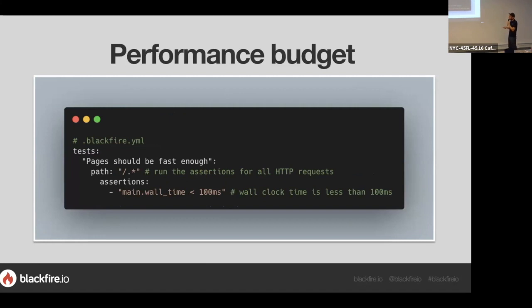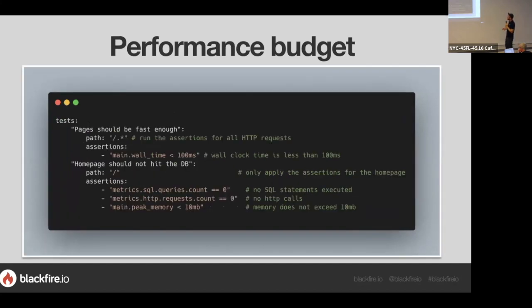Okay, you put that in a .blackfire.yaml file at the root of your repository, and then when we profile your page, we will read that file and make assertions based on your performance budgets. And here we can do other stuff like, okay, the home page should not hit the database, but it should not make any requests to any API as well.